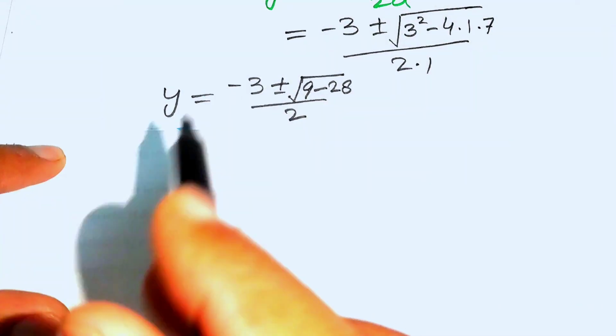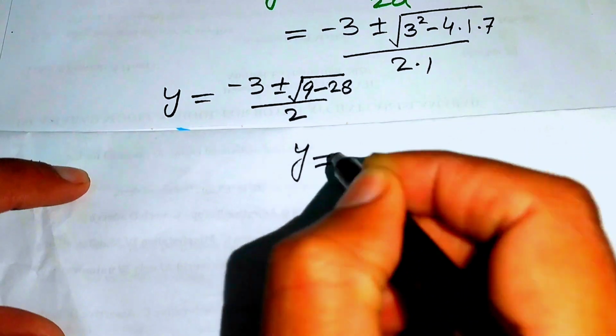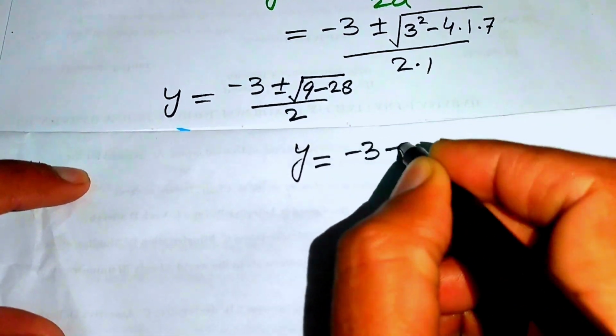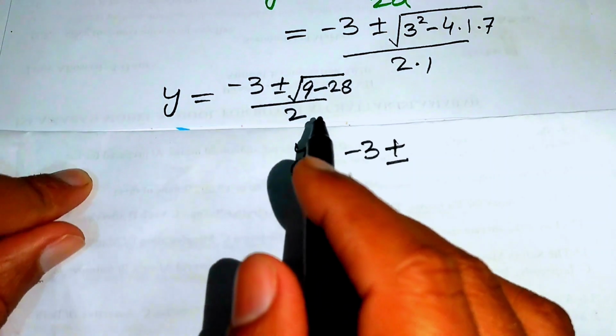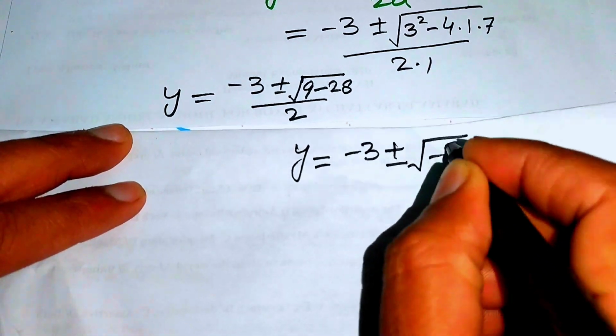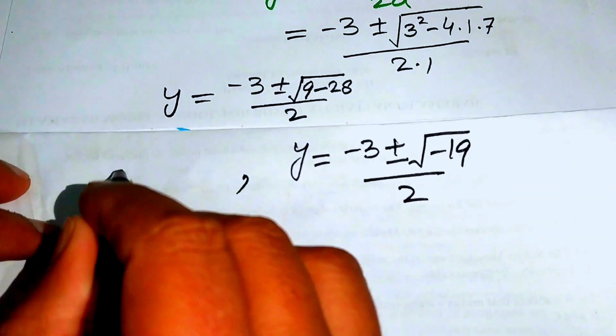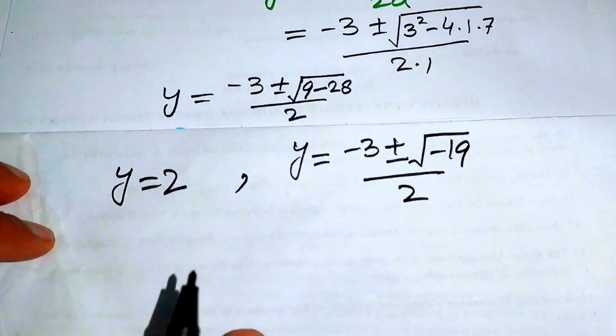And now in the next step, here we get the values of y equals minus 3 plus minus square root of 9 minus 28, which equals square root of minus 19, divided by 2, and here we have the other value of y equals 2.